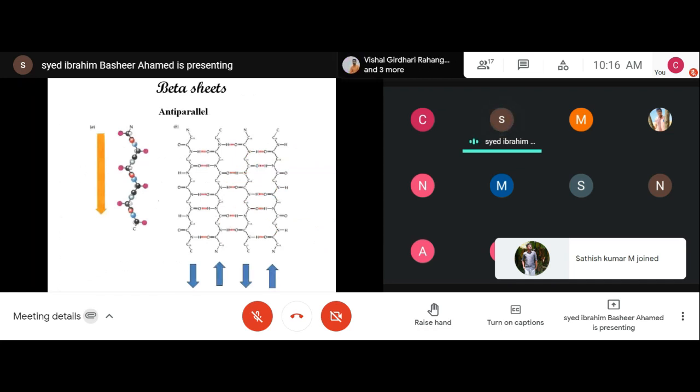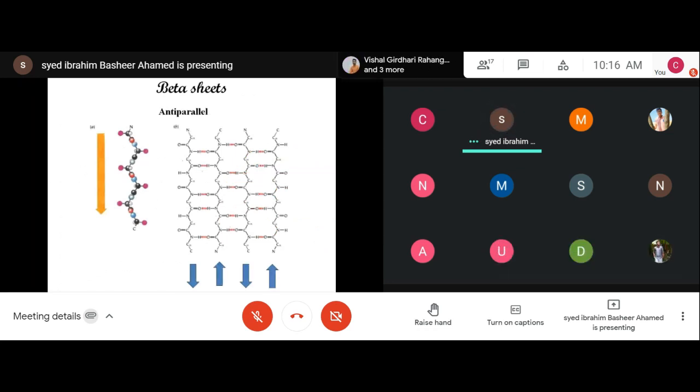So next we have the beta sheet. In beta sheet we have two types: anti-parallel beta sheet and parallel beta sheet. In anti-parallel beta sheet, you can see here it is starting from the nitrogen atom, so it will go through this direction. So I can indicate the N terminal with an arrow here.